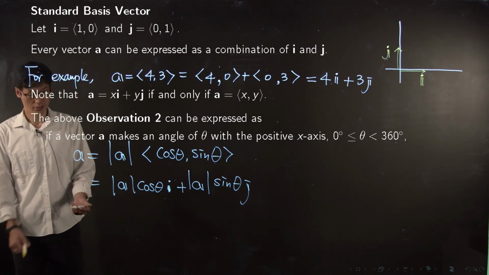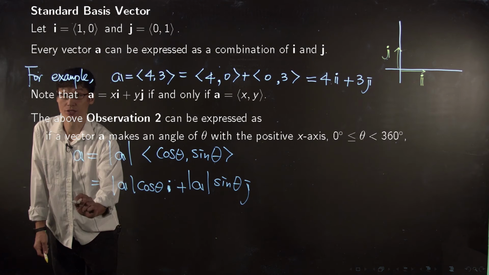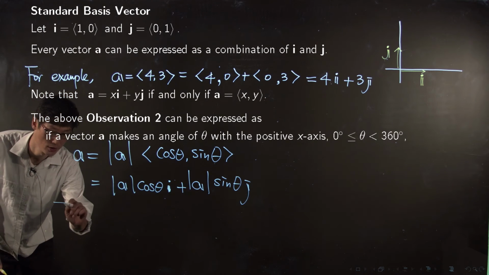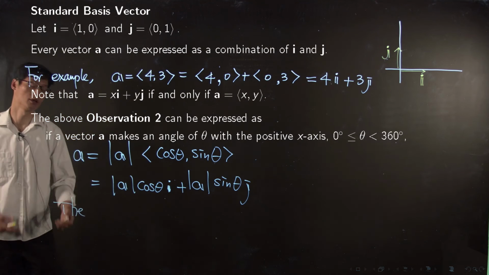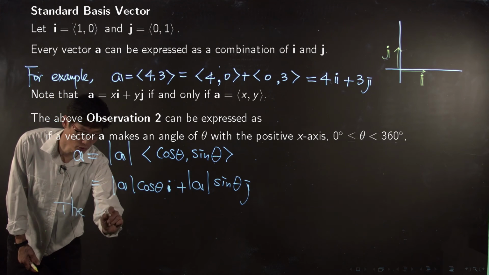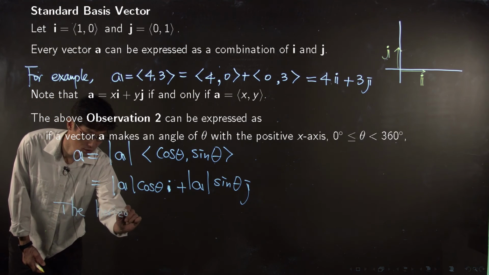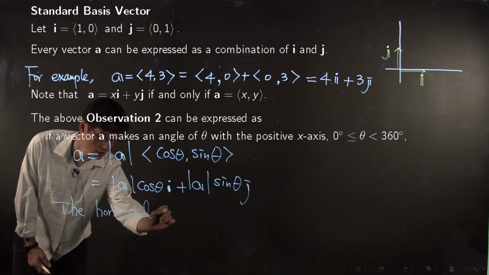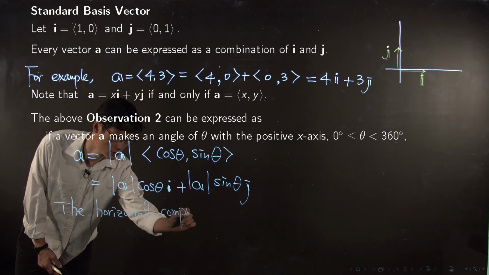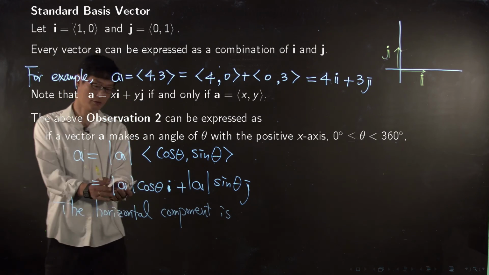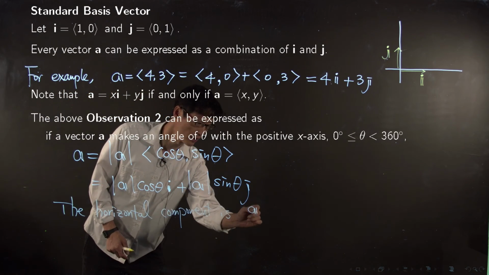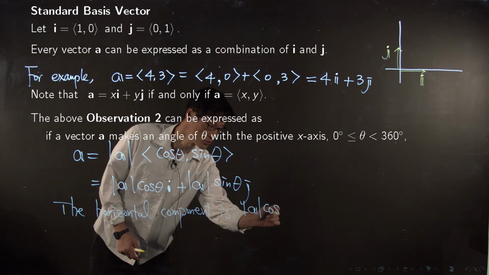Good. So in this sense, we call the first part the horizontal component. The horizontal component is this part, A cosine theta.